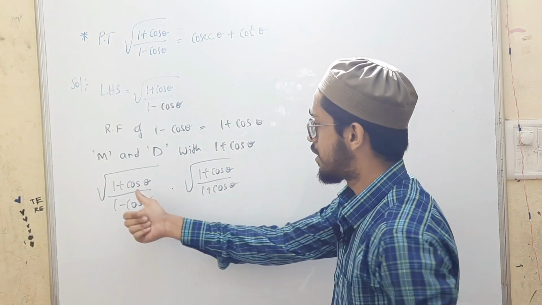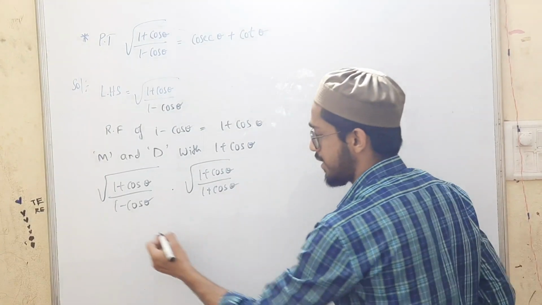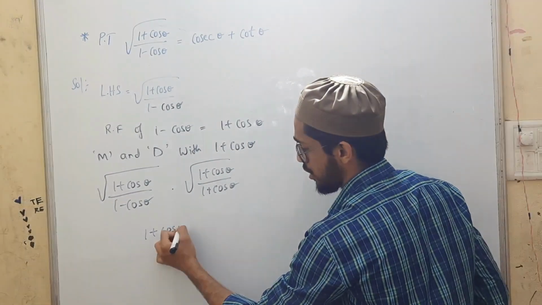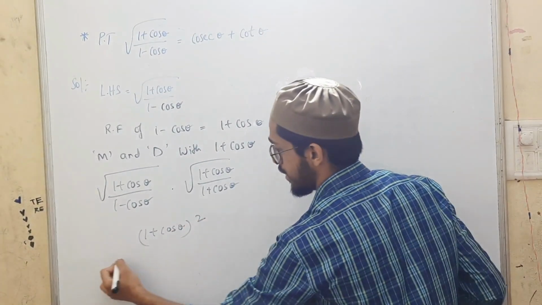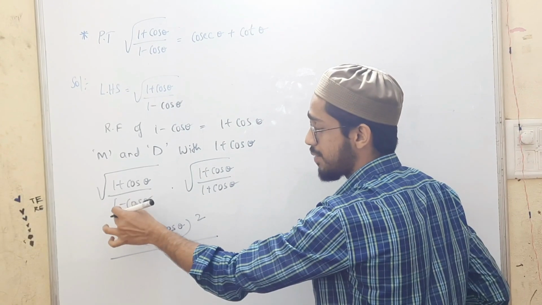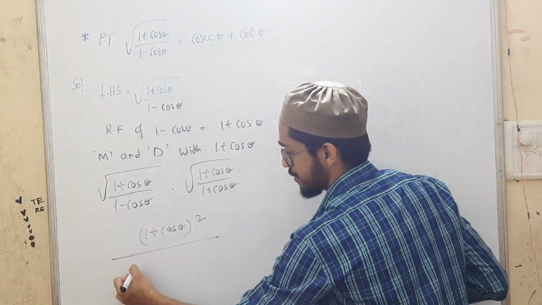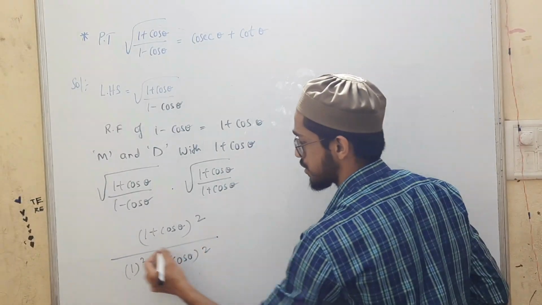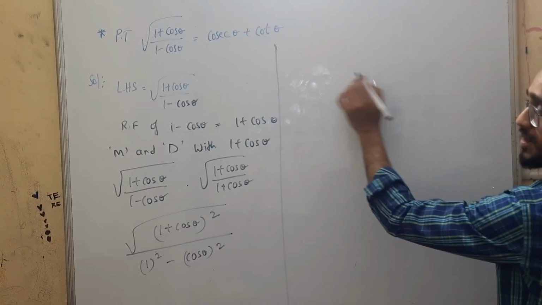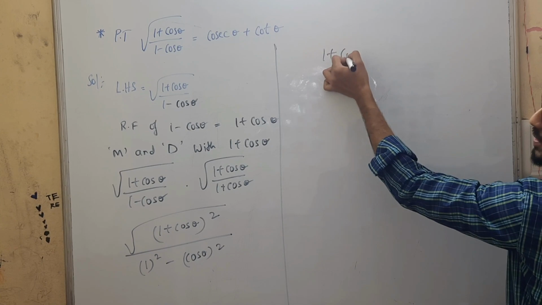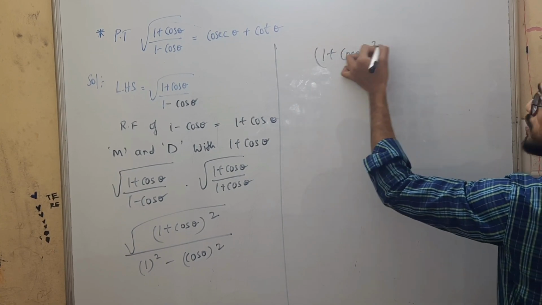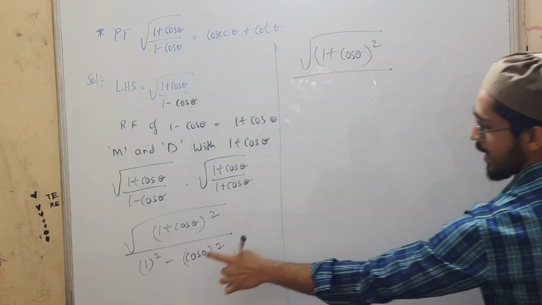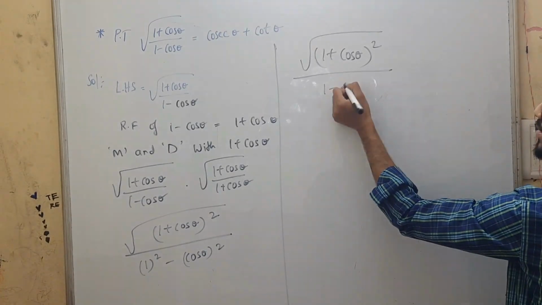What will happen here? 1 plus cos theta into 1 plus cos theta becomes (1 plus cos theta) whole square, and in the denominator, this is (a minus b)(a plus b), so 1 square minus cos square theta. Don't forget to write the root. So under root (1 plus cos theta) whole square by 1 minus cos square theta.